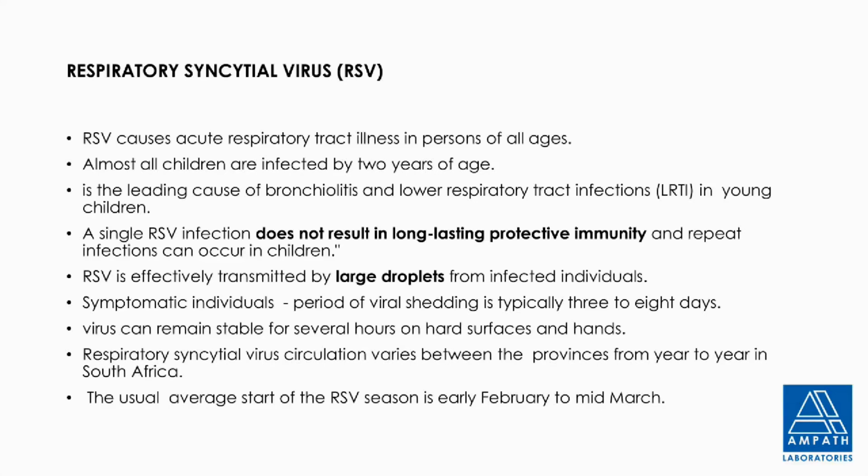And as mentioned, it's effectively transmitted by large droplets. The RSV season in South Africa will differ from year to year, but generally we say it starts from early February to mid-March.